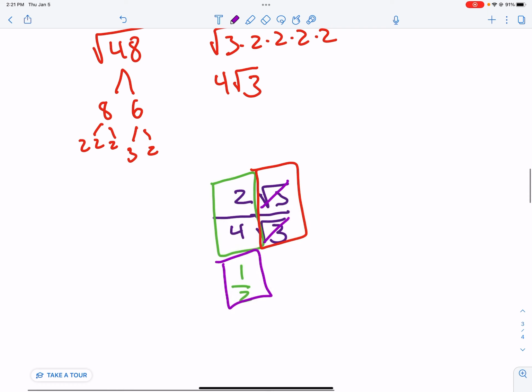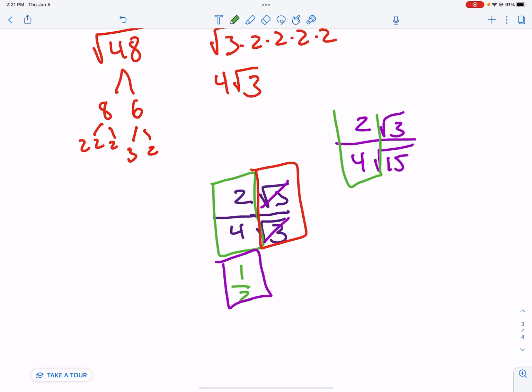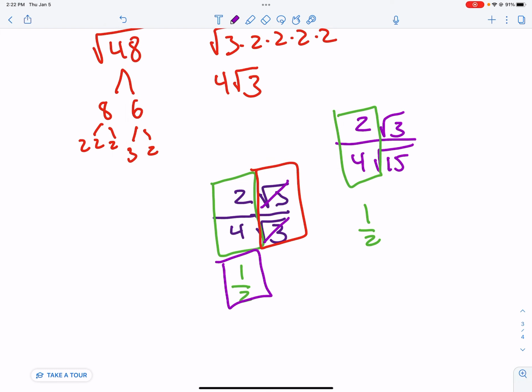And if you get something that looks like this, maybe, I don't know if this is any of the answers. But again, we'll do the same thing, right? 2 over 4 becomes 1/2. 3 over 15, I can simplify this to become 1 over 5, right? Square root 3 over square root 15 is the square root of 3 over 15, which is the square root of 1 over 5.